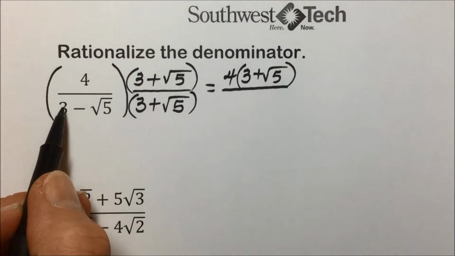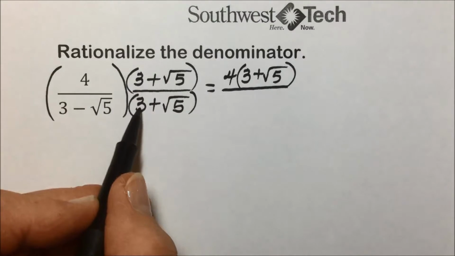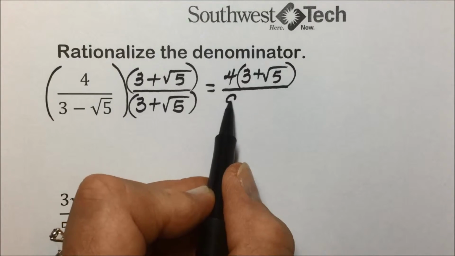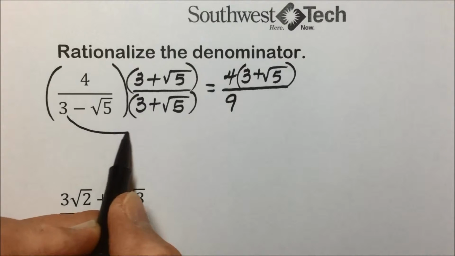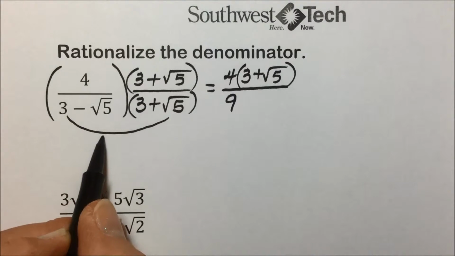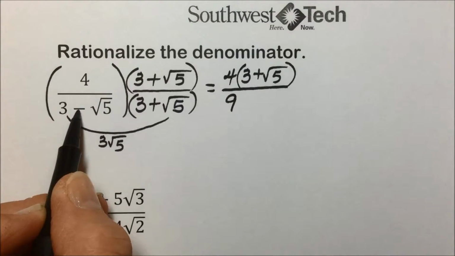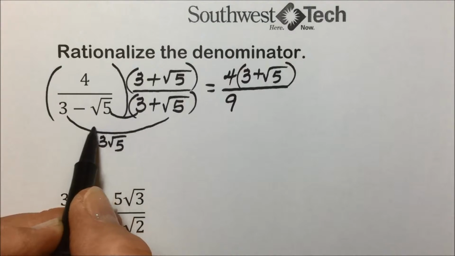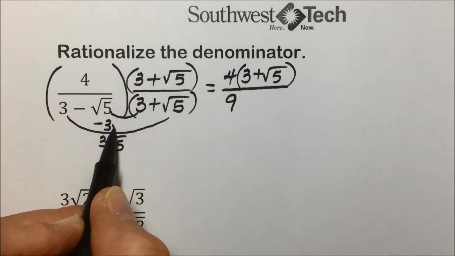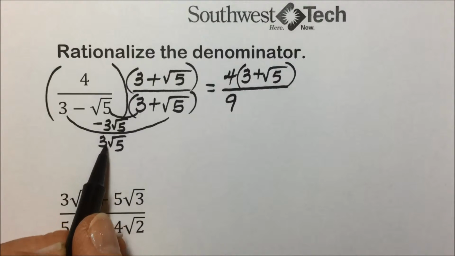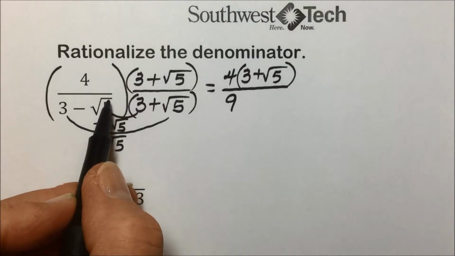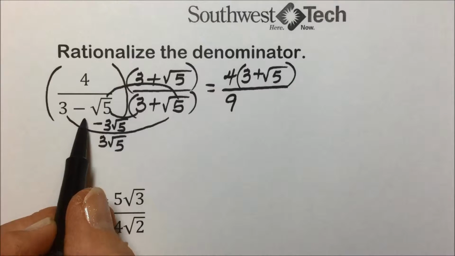If we use the FOIL method, multiplying the first terms together, 3 times 3 gives us 9. When we multiply the outside term, 3 times the square root of 5 gives us the following, and a negative times a positive for our inside terms gives us a negative 3 times the square root of 5. When we add those like radicals together, they cancel one another out and leaves us with our last terms multiplied together.